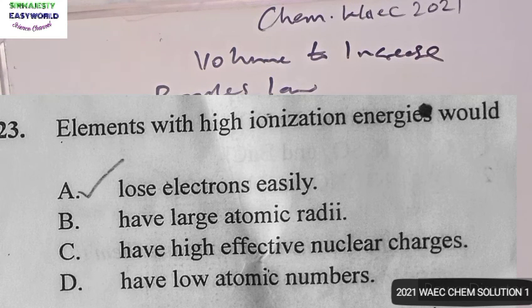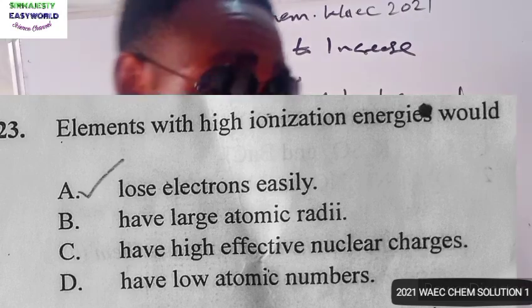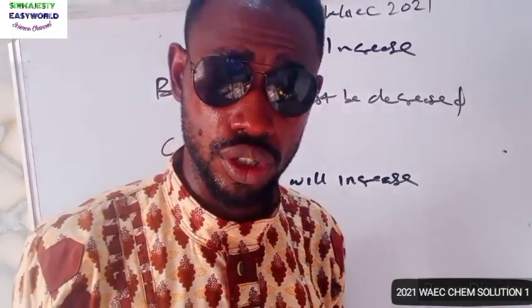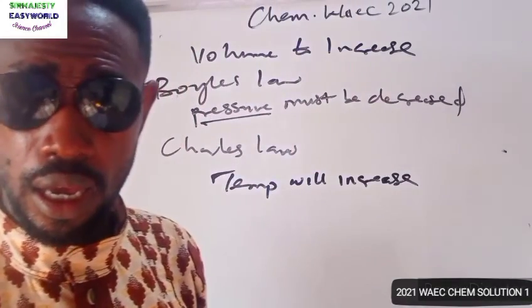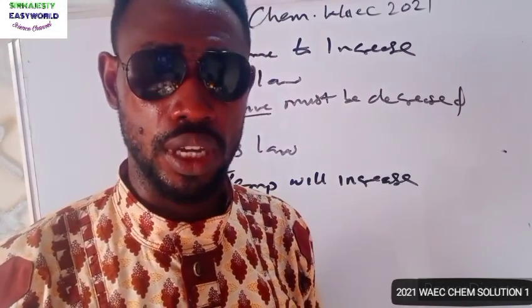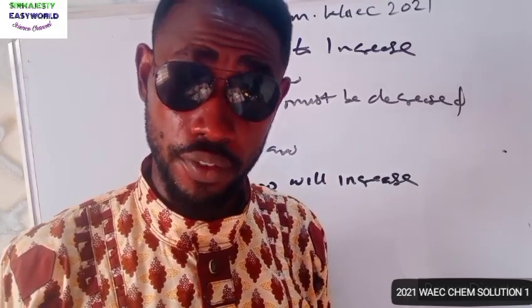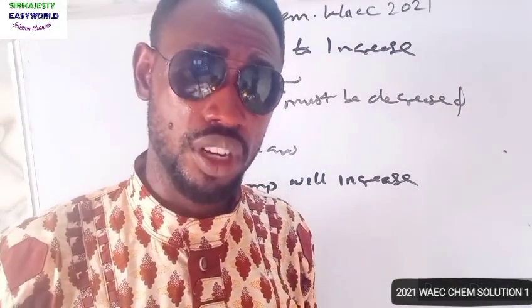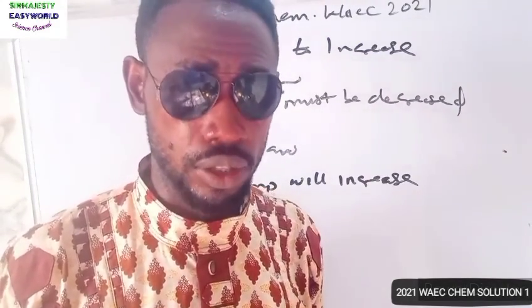Remember, there are about three or four factors that affect the ionization energy of a given atom. First is the atomic radius, or the atomic size, which I have explained before. Then second is the screening effect of the inner shell electrons.